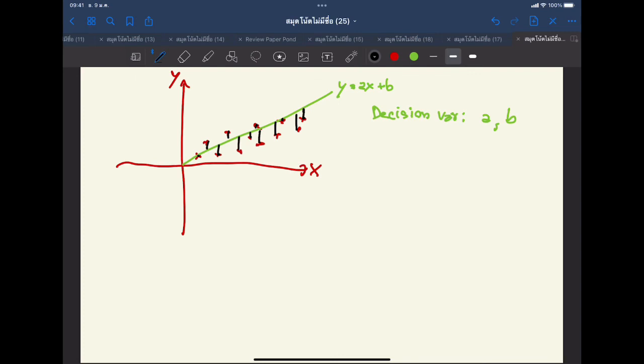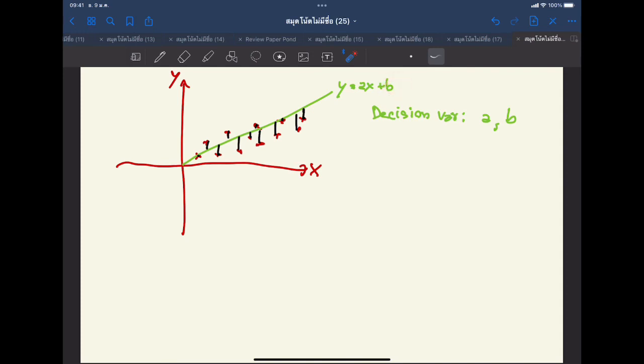So you see that if we change a, that means we're going to change the slope. The slope can be like that. You just change the slope in order to obtain the minimum deviation, or you adjust b.